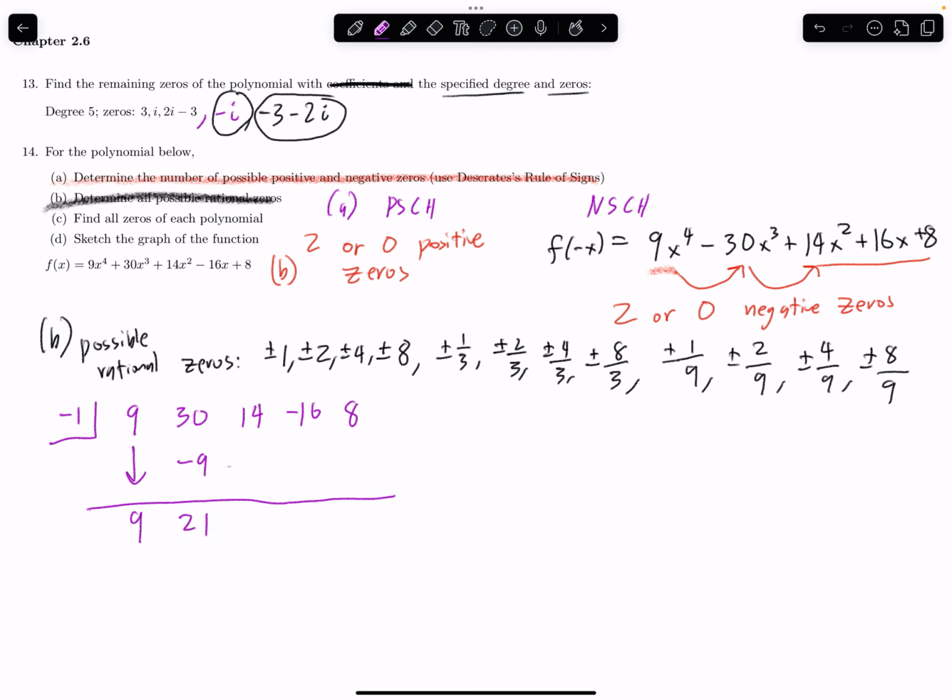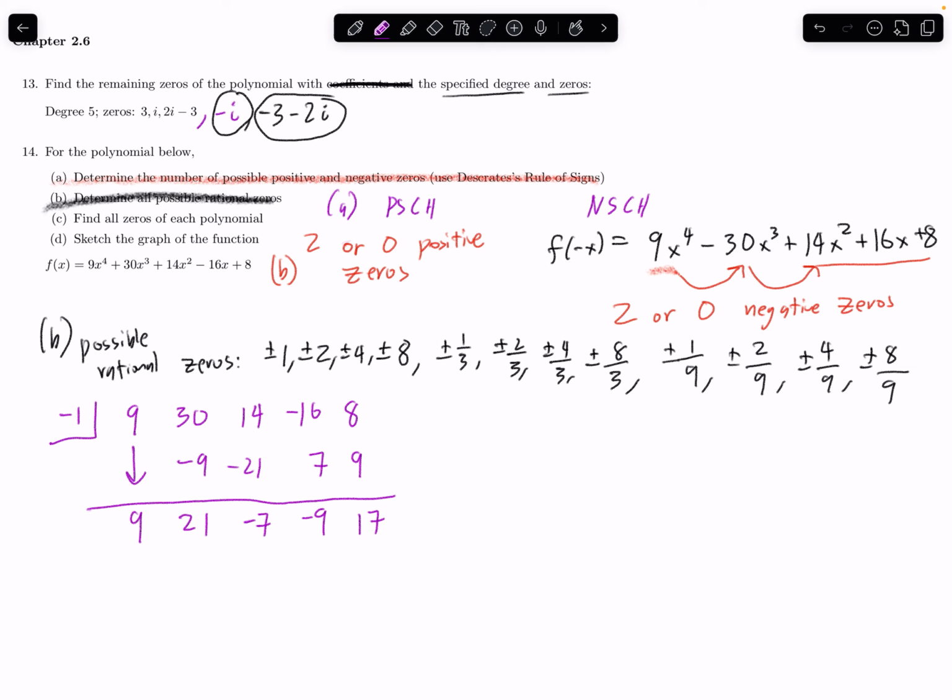Times negative 1 is negative 21, plus 14 is negative 7. Times negative 1 is positive 7, plus negative 16 is negative 9. Times negative 1 is positive 9, plus 8 is 17. Yeah, okay, so that didn't work.